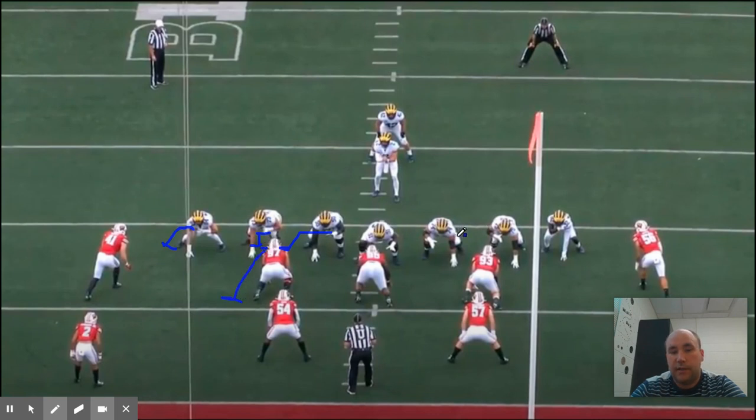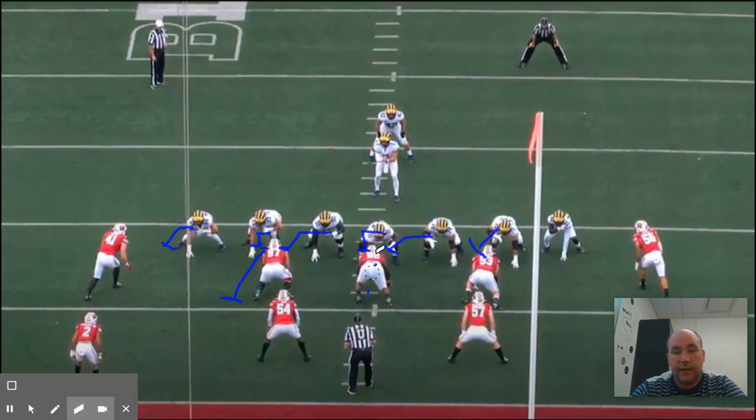And then you got to make a decision on zone, for instance. Do you want to leave the center one-on-one and double team back here? Or do you want to double team here and leave this cat one-on-one, right?